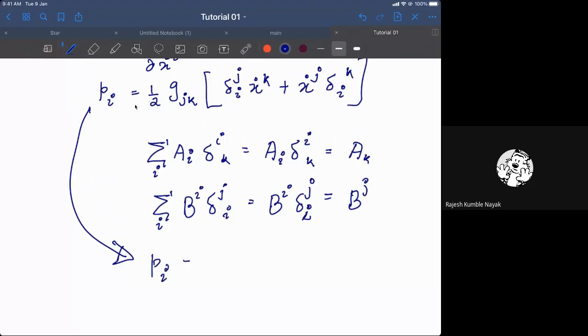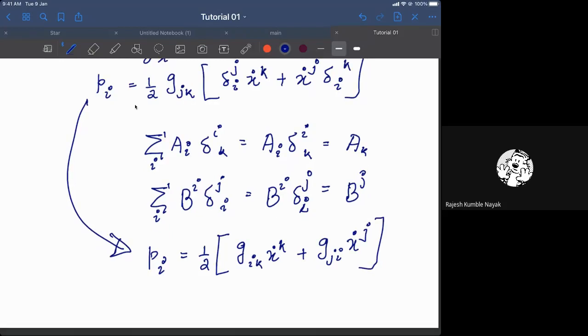p_i is equal to half. So you have this delta function going away. So it is g_ik x dot k plus, now the other one goes away, so you have g_ji x dot j.